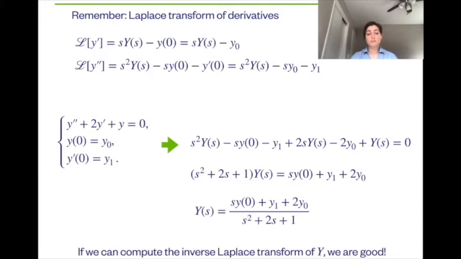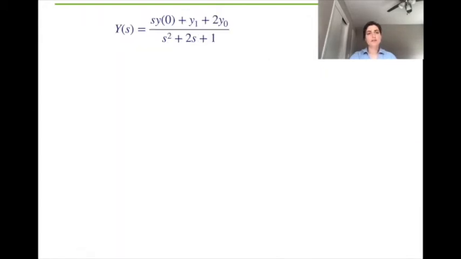If we can compute the inverse Laplace transform of capital Y, we're good, because capital Y is the Laplace transform of our solution, so the inverse Laplace transform of capital Y will return exactly the function we're looking for. So let's try to do that.